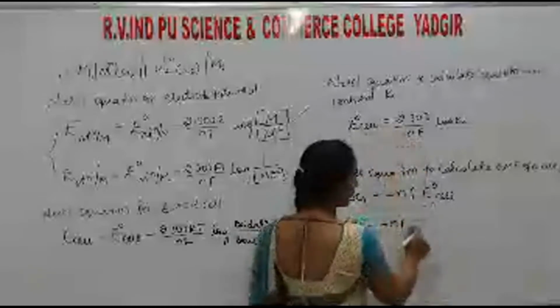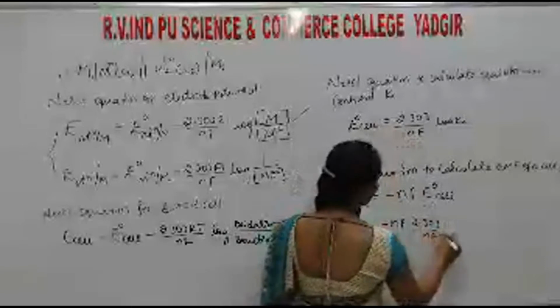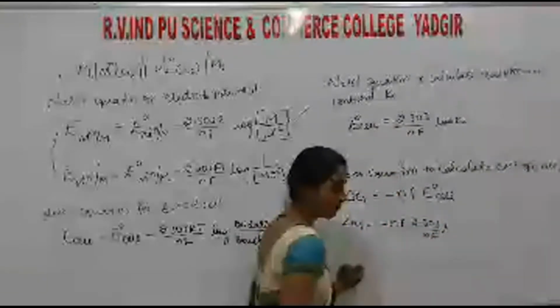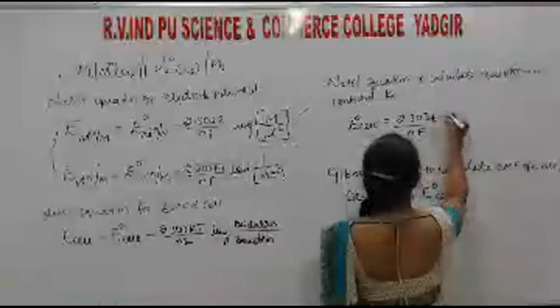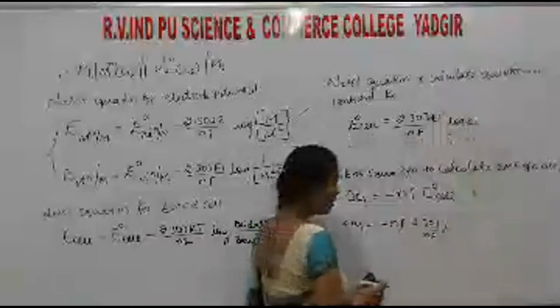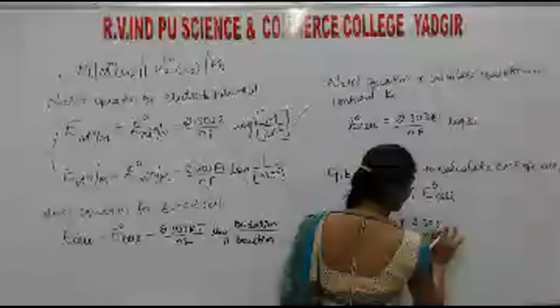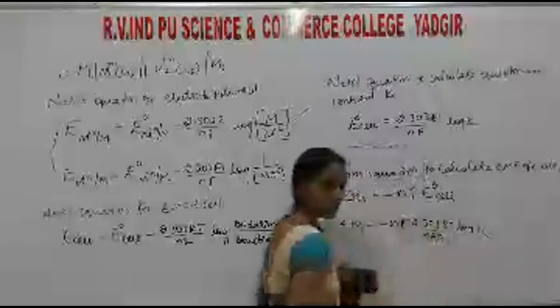Substitute this E naught value here, 2.303 RT by NF log Kc. Correct? Okay. These two get cancelled.